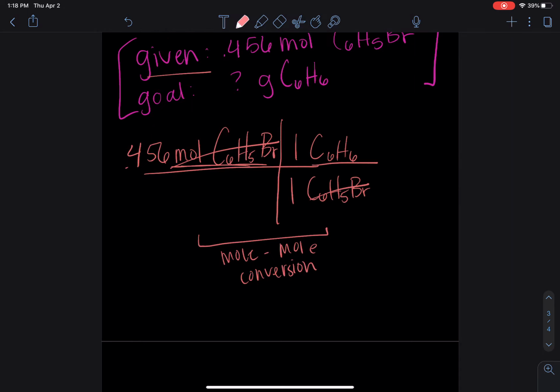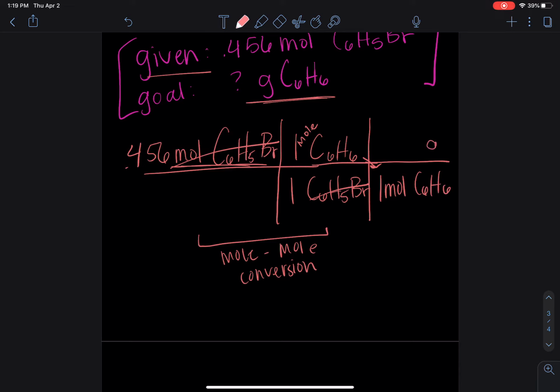Okay. Now that we are in moles of C6H6, we have to look at what we're looking for. We're trying to get to grams. So let's finish that out. Remember, this is like a mole, so I can put 1 mole here.